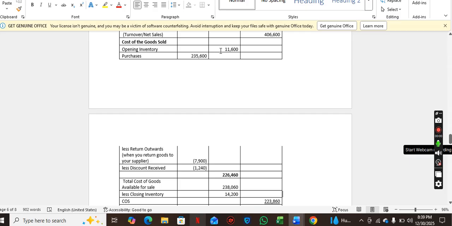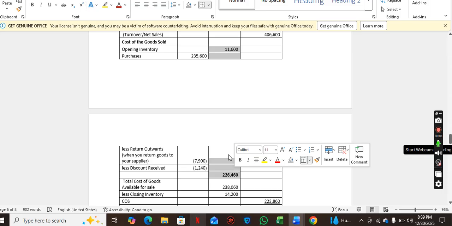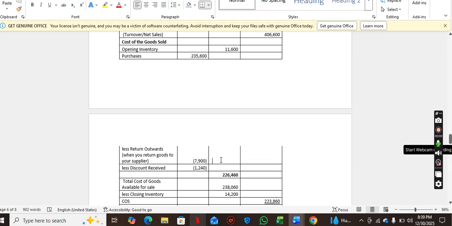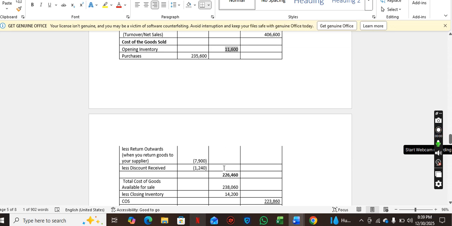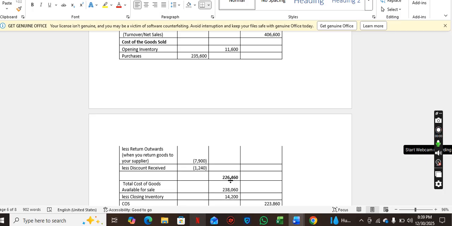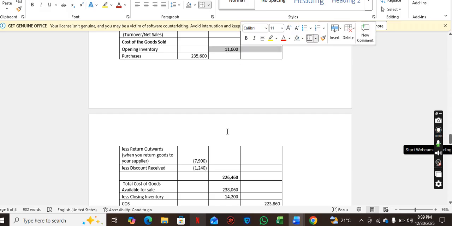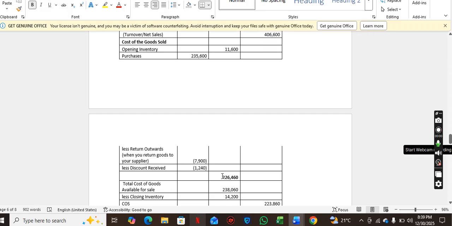And this is the part, colleagues, you always have to be careful, because a lot of times, even me, I used to make this mistake. Once you found your adjusted purchases value, you might forget to add the opening inventory, and you just go straight to deducting your closing inventory. So please remember, once you get your adjusted purchases value, add the inventory that's on top, because those are the goods you started with.